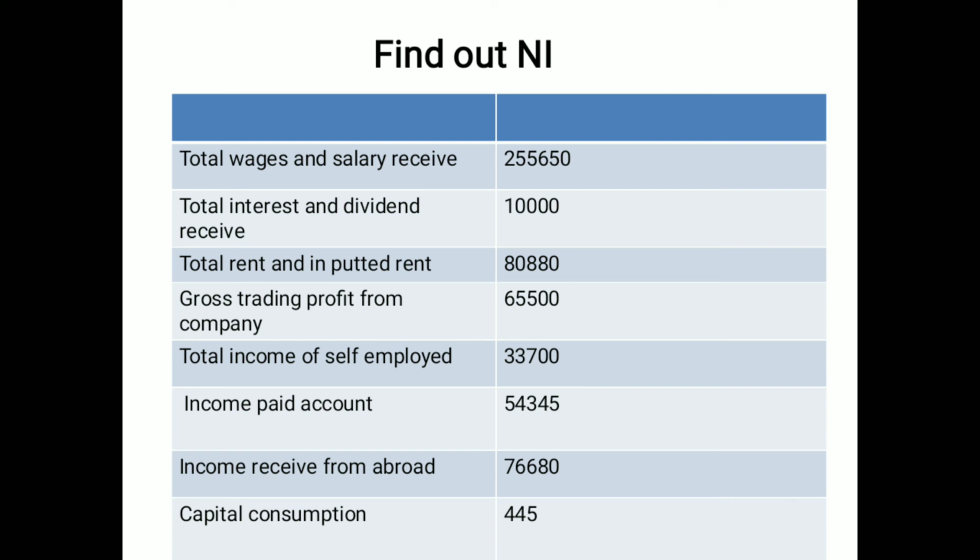Total rent and imputed rent is 80,880. Gross trading profit from companies is 65,500. Total income of self-employed is 33,700. Income paid abroad is 54,345. Income received from abroad is 76,680 rupees. The capital consumption is 445 rupees.